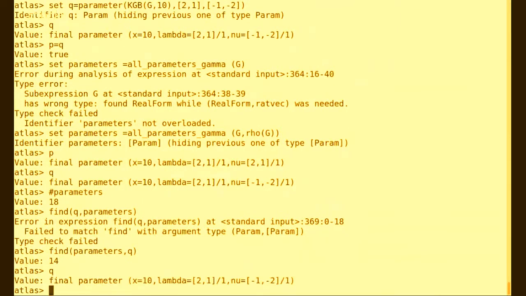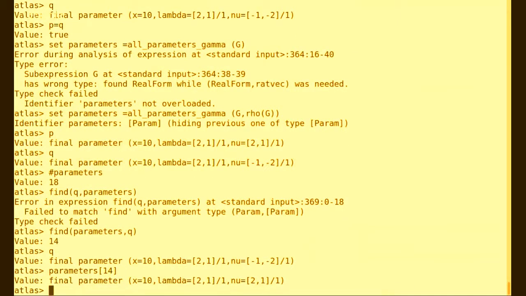Apparently, Q is equal to the 14th entry in the parameters, and that's correct. So the software knows how to tell when two parameters are equivalent. They don't have to be literally equal term by term.